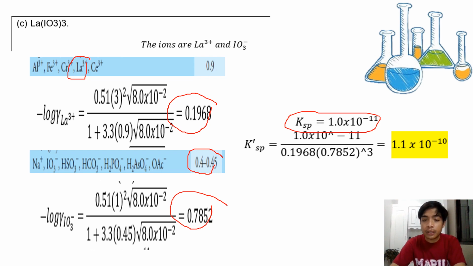So 1.0 times 10 to the negative 11 all over 0.1968 times 0.7952 cubed. It is cubed because of these 3 iodate anions. It will be equal to 1.1 times 10 to the negative 10. So 1.1 times 10 to the negative 10 is our KSP prime for the lanthanum iodate.